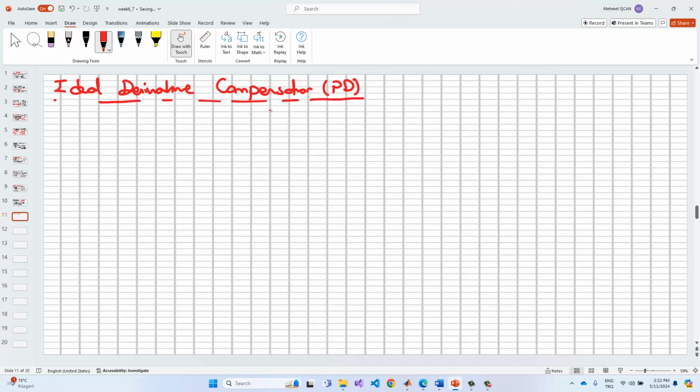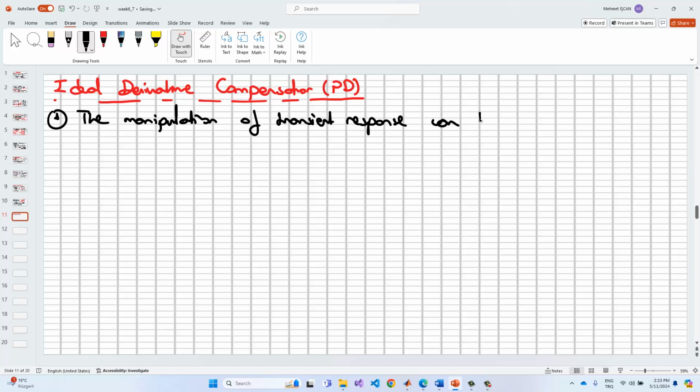Okay? And so, firstly, we should write that the manipulation of transient response, which is related to the derivative term, okay? Because in the steady state, we will focus on integral control, okay?